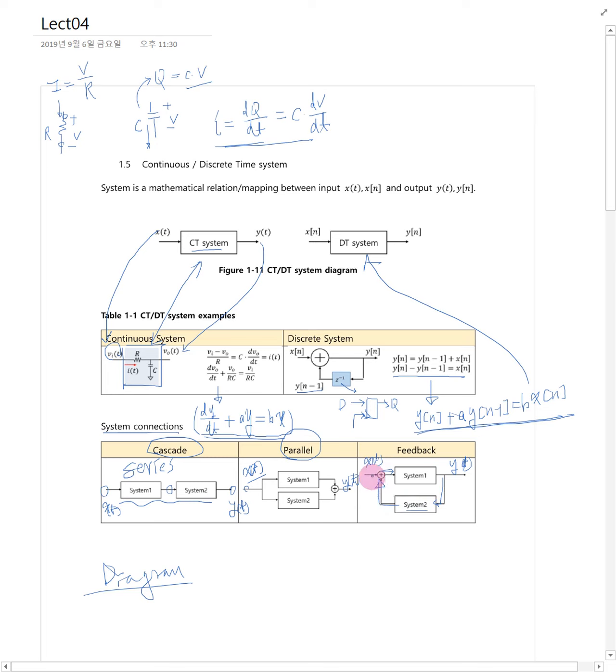The input and the feedback are summed and applied to system 1. This type of connection is called feedback. In practical circuits, a combination of these connections, cascade, parallel, and feedback, is used. So these three basic connections are frequently encountered in system descriptions.